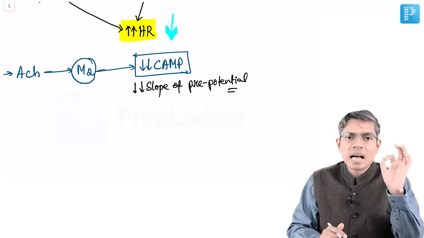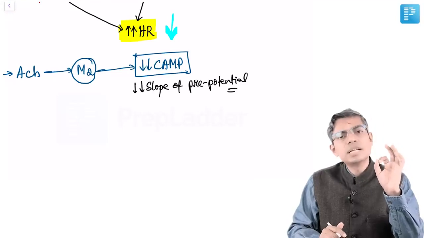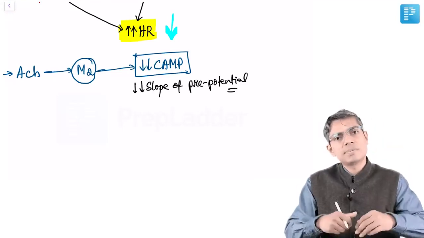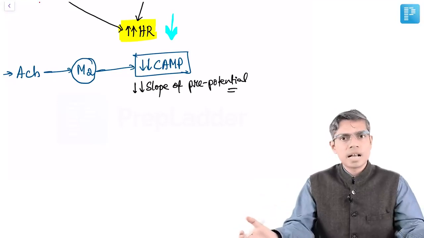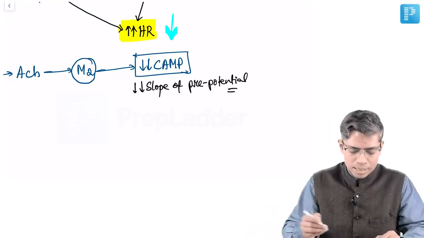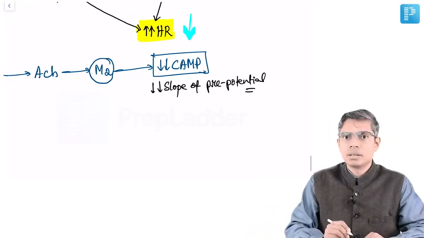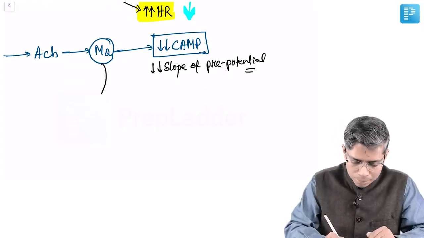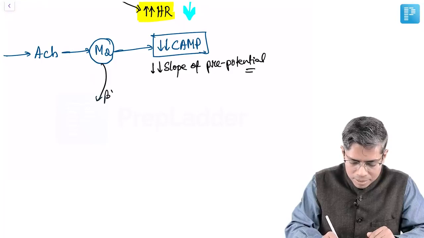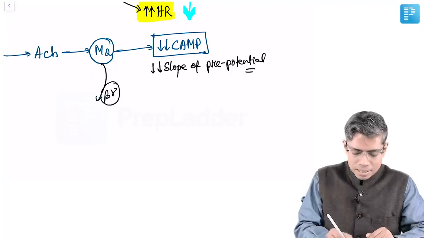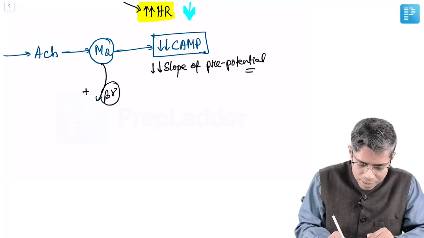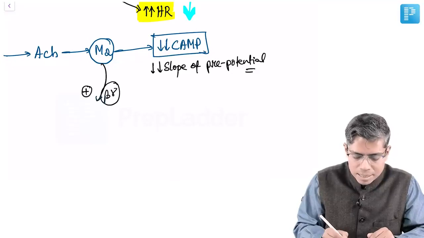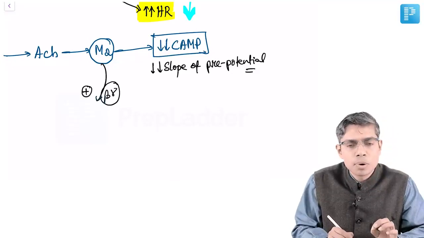Normally the alpha subunit is the regulatory subunit of the G protein, meaning the alpha subunit does most of the action of the G protein. But in case of the heart, whenever the M2 receptor is stimulated, the beta gamma subunit of the G protein is going to stimulate a separate specific potassium channel on nodal tissue.